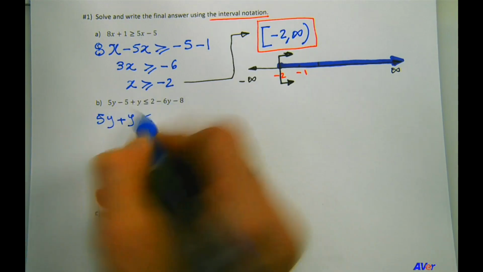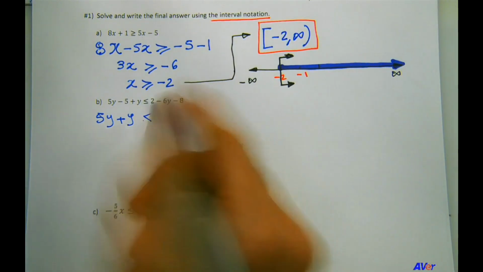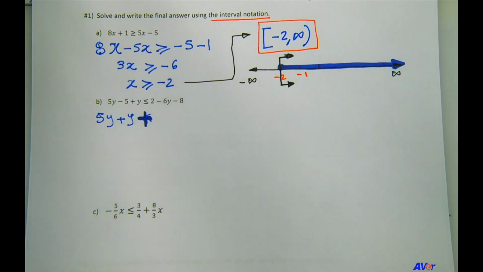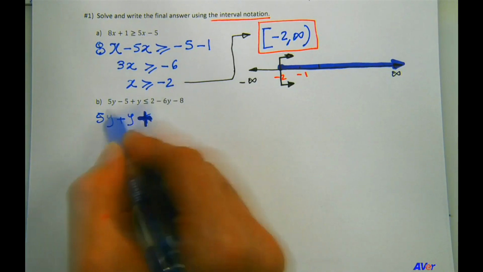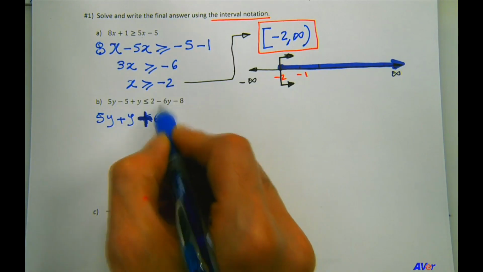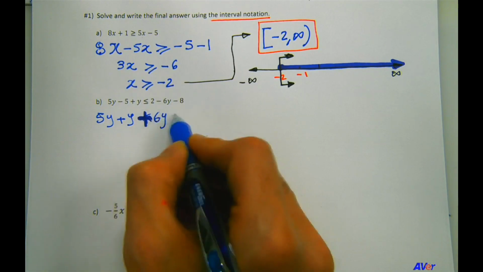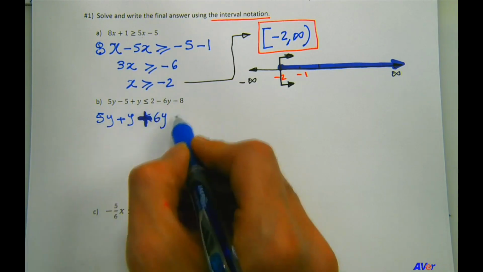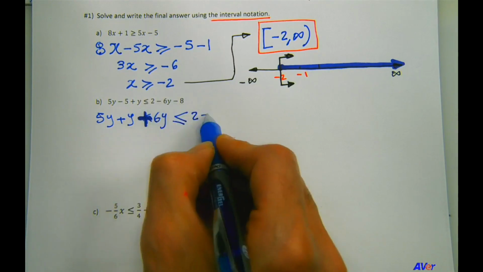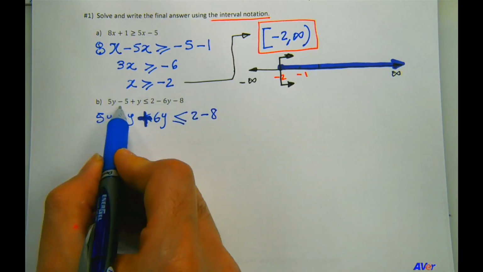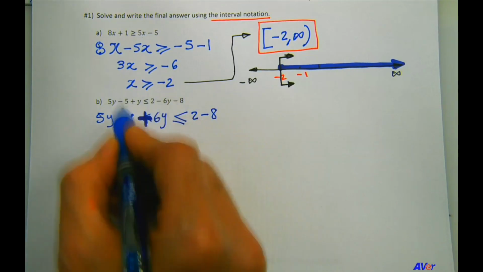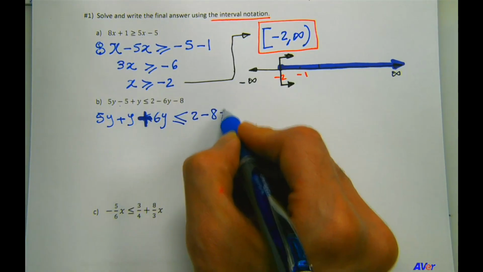So plus, since I put my inequality symbol too early, I'm moving -6y from right to left, so it changes the algebraic sign to positive. And then we have no more variables to move to the left side, so less than or equal to. Now we have 2 and -8 already on the right side, so all we need to do is move the -5 to the other side. When we move it from left to right, it changes the algebraic sign from negative to positive.